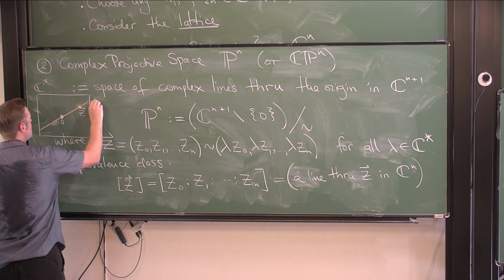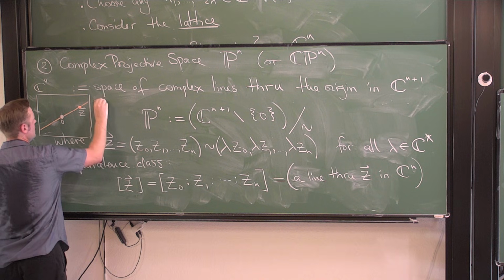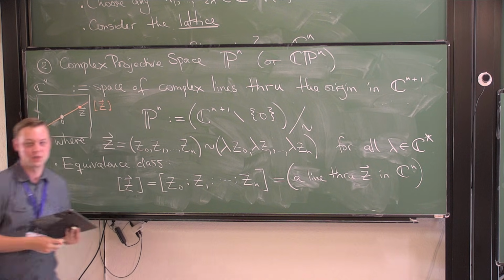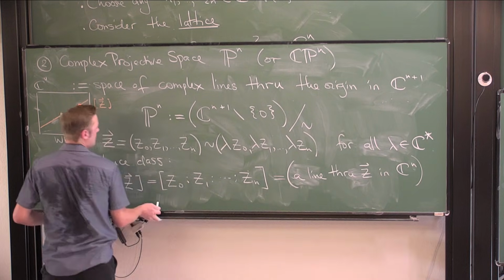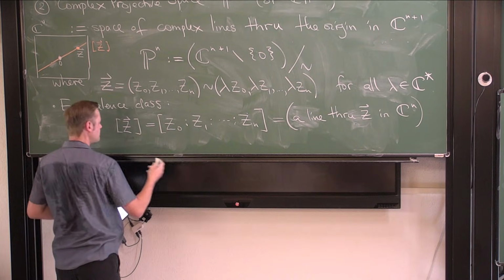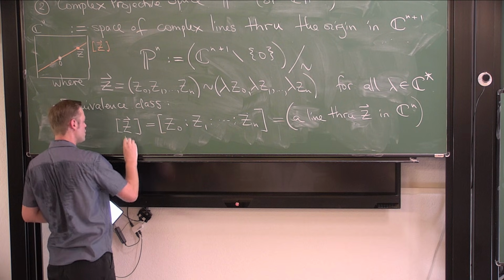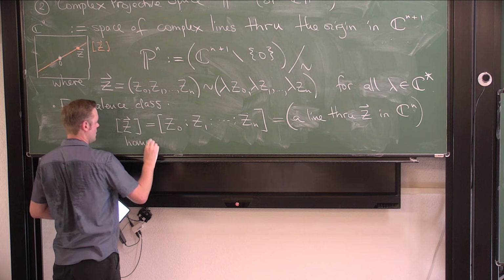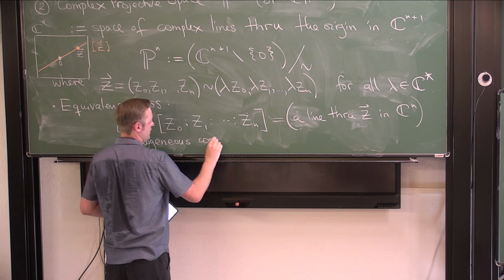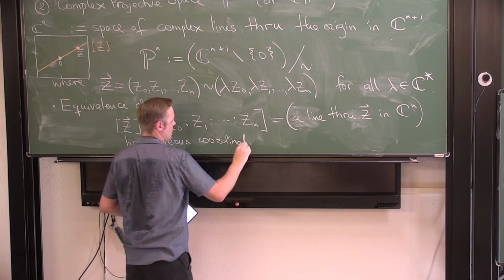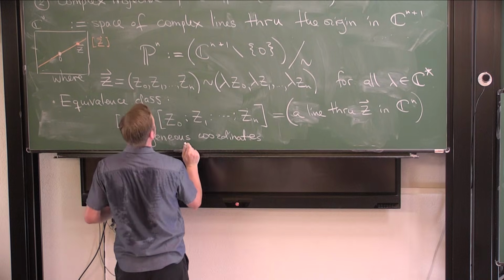So this line is literally the point in P^n. And it's labeled like this, and we refer to this often as homogeneous coordinates. Very important object.